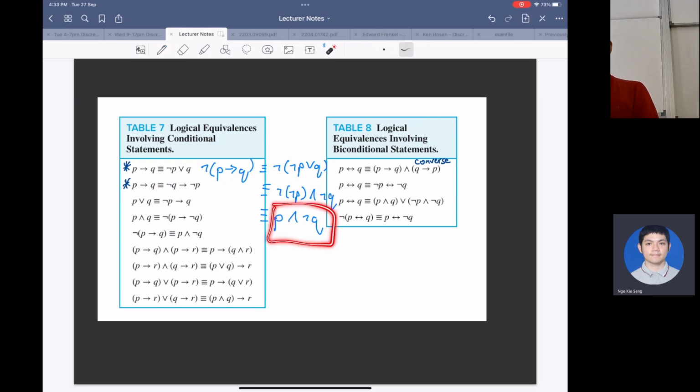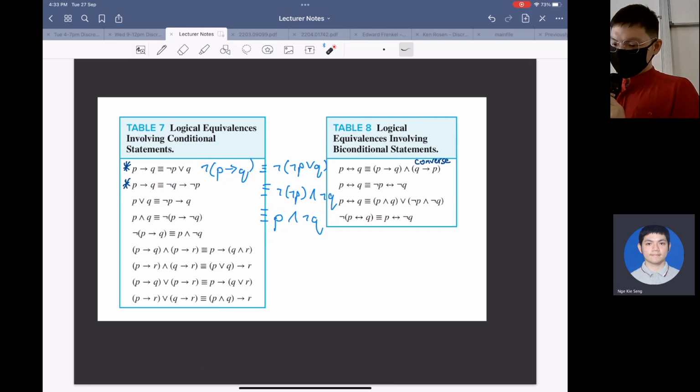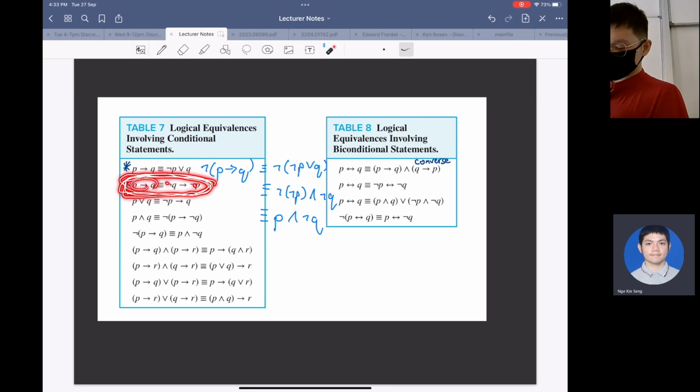So P and not Q. So the negation of P implies Q means you have P but not Q. If you want to show that P implies Q is wrong, you need to come up with an example where you have P but no Q. This is how you prove P implies Q is wrong. Another thing I already told you last week: you should recognize this. Swap and then minus minus. What's this?